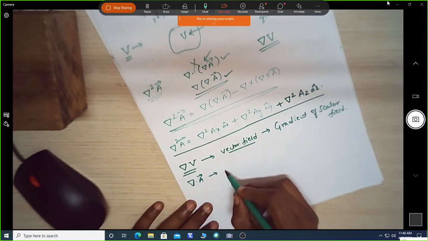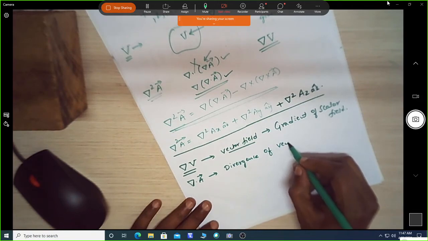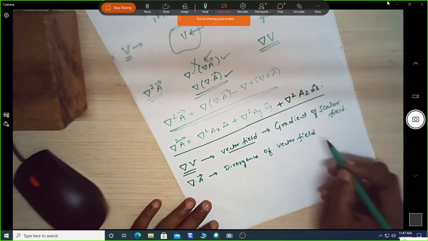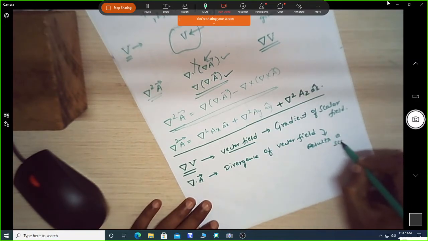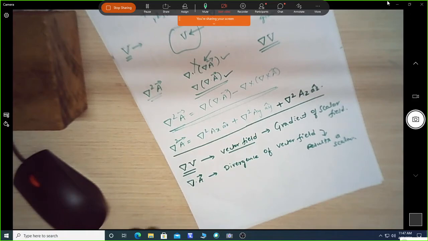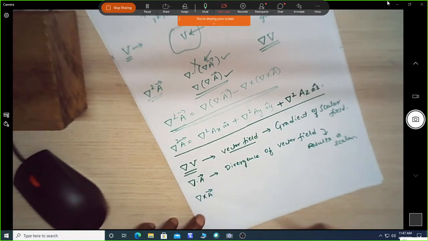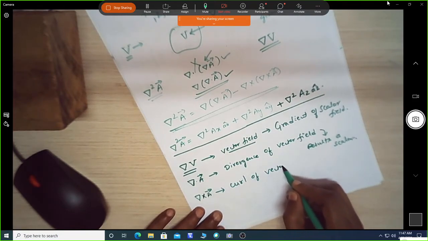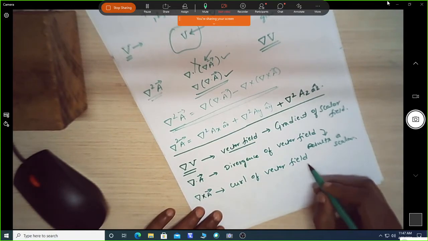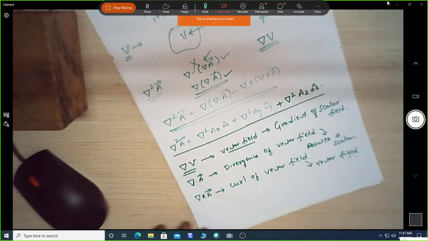This is called the divergence of vector field A, and it results in a scalar. And we operated del cross A, the curl operator. We call it the curl of a vector field, and it results in a vector field.